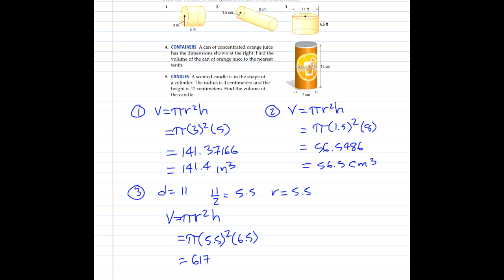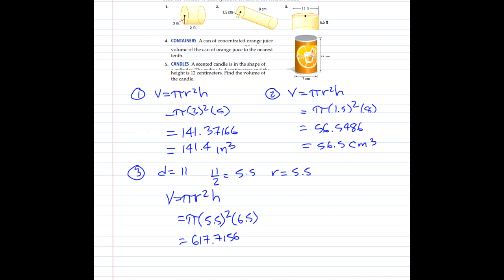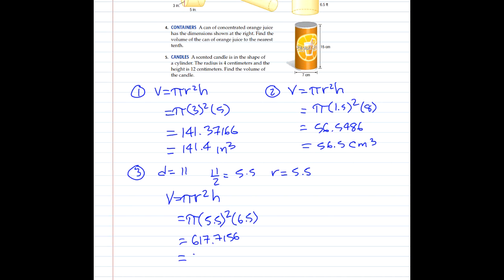Gives me an approximate volume of 617.7156, which I would then round to 617.7 in this case, feet cubed or cubic feet.